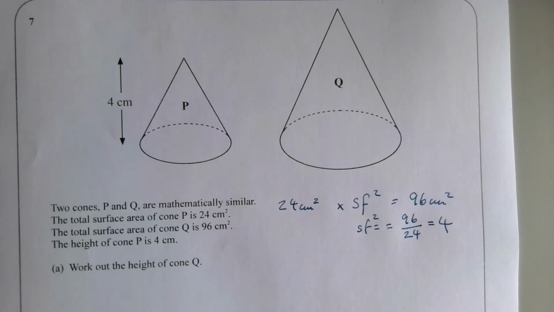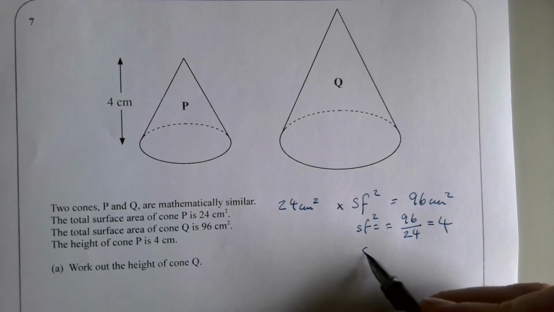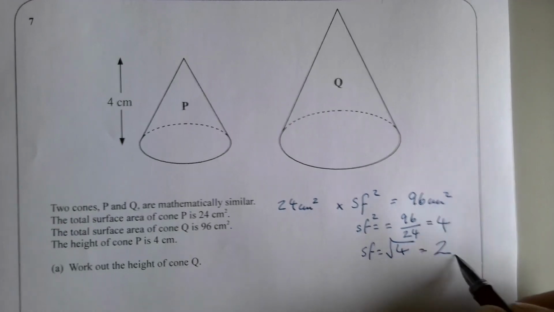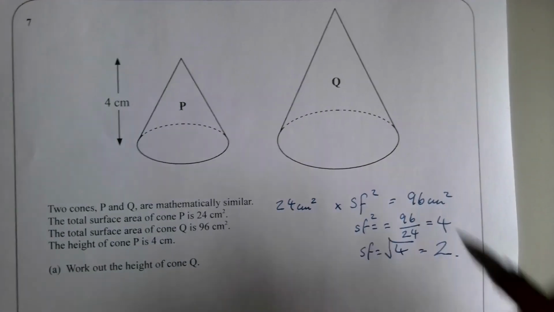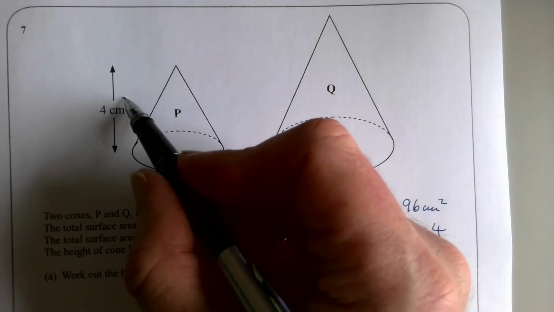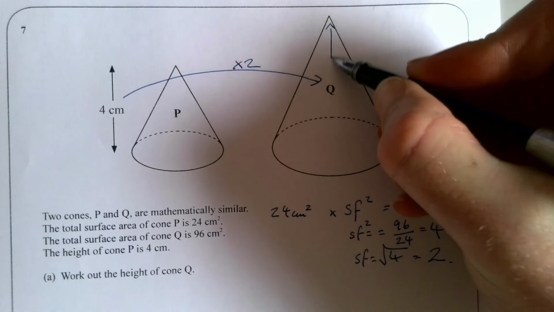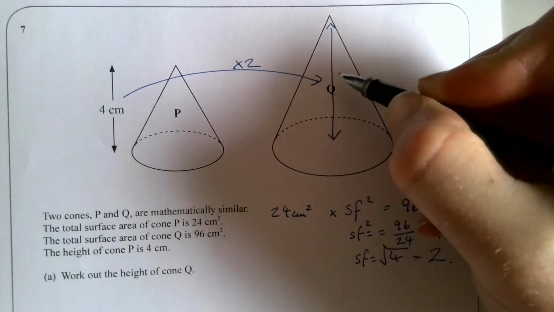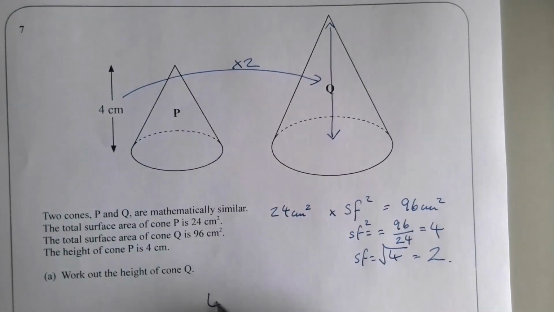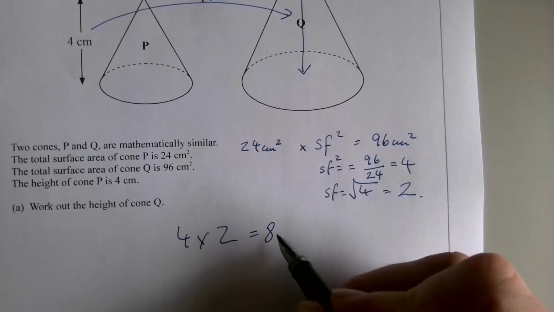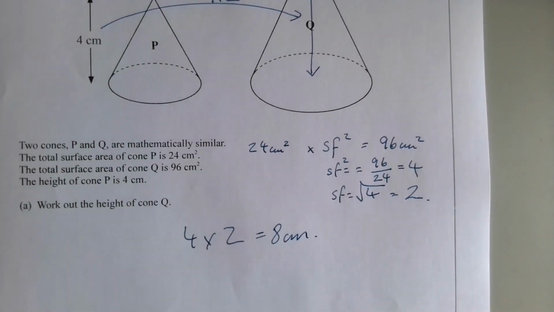So if the scale factor squared is 4, the scale factor will be the square root of 4, which is 2. And that means that the height of the cone, which is a length dimension, so the height going from there to there, will be 4 times 2, which is 8 centimeters.